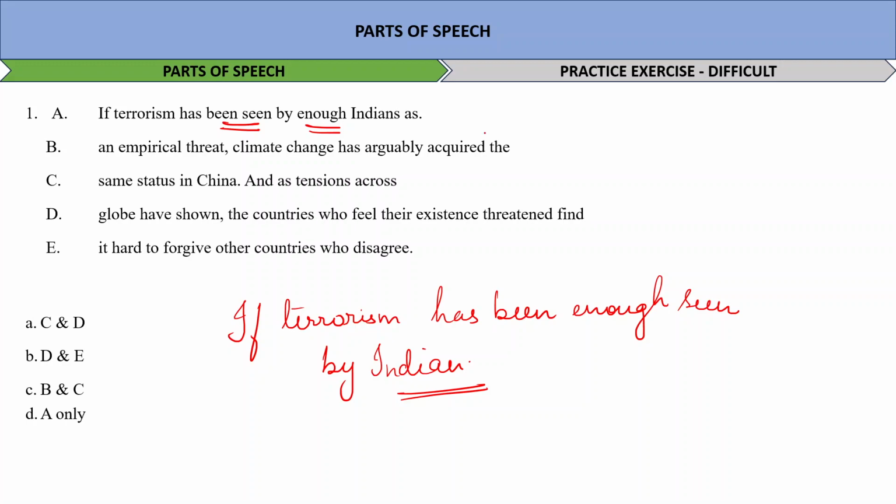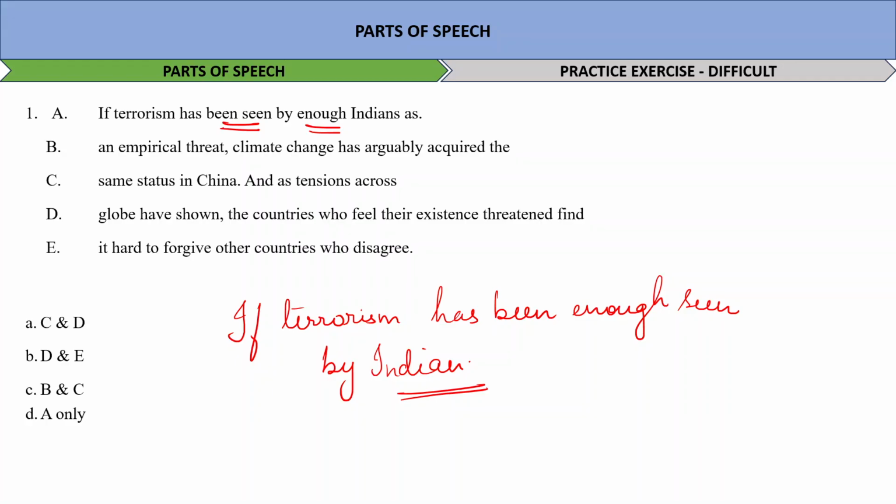So this will be used in this manner, and the rest of the sentences, if I read: an empirical threat, correct usage of an article. Climate change has arguably acquired the same status in China. And as tensions across globe have shown, here have is being used for tensions and not globe, so the correct verb is used.